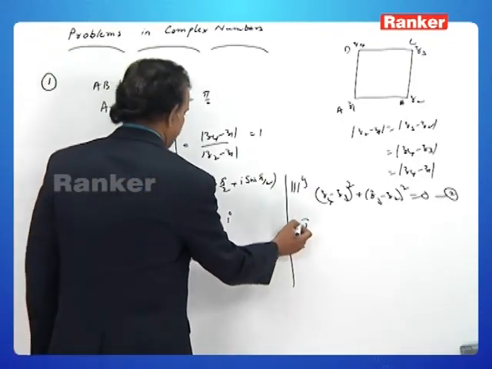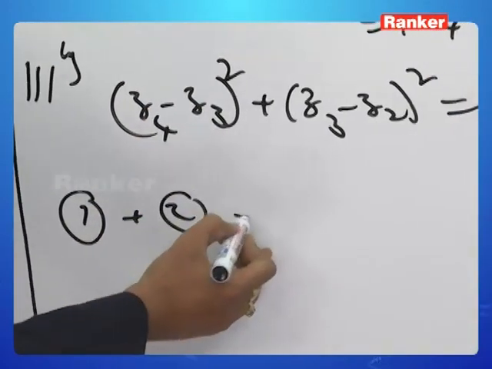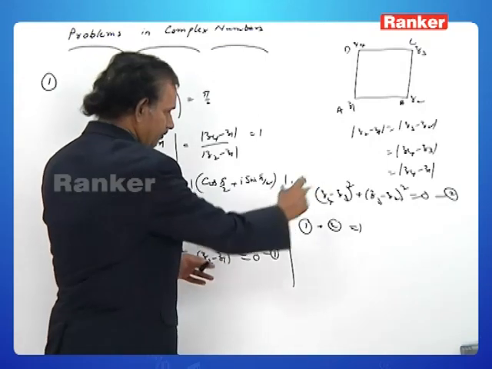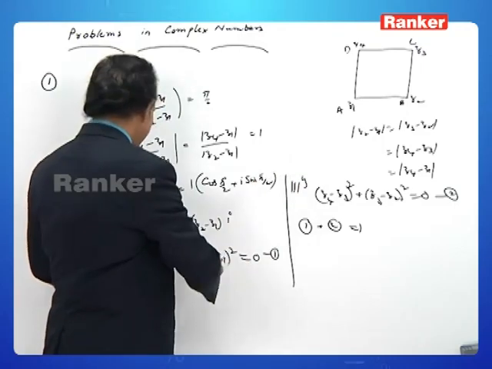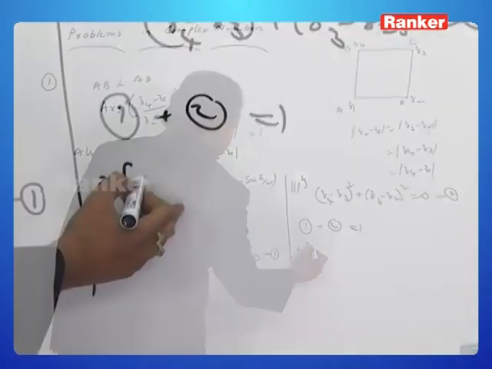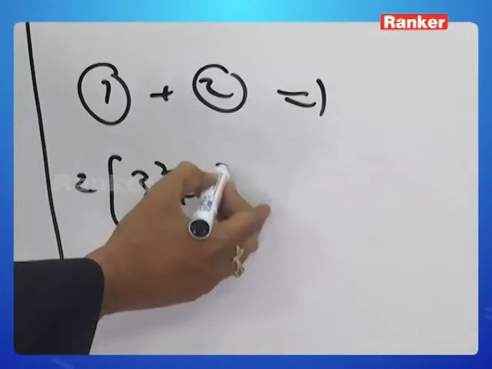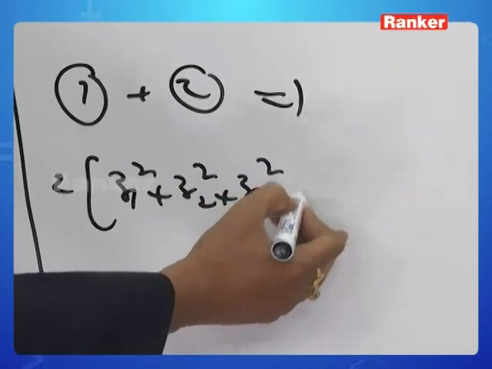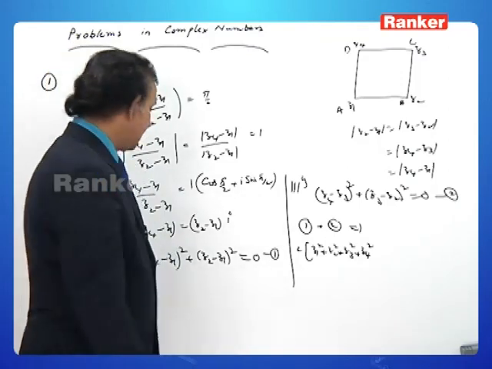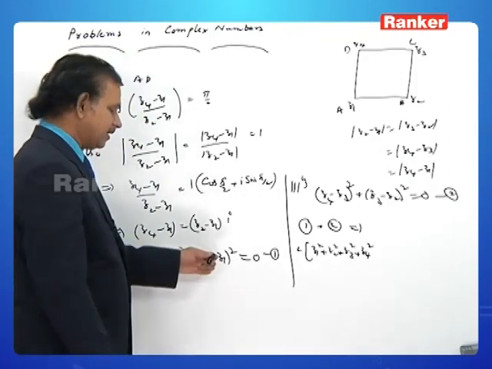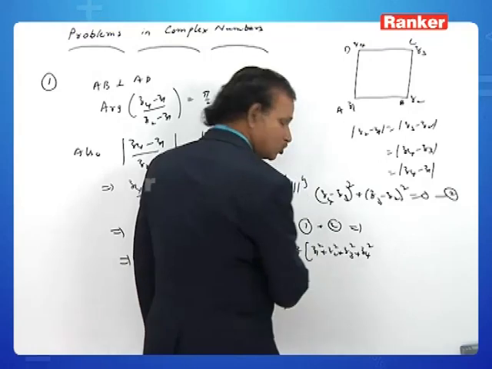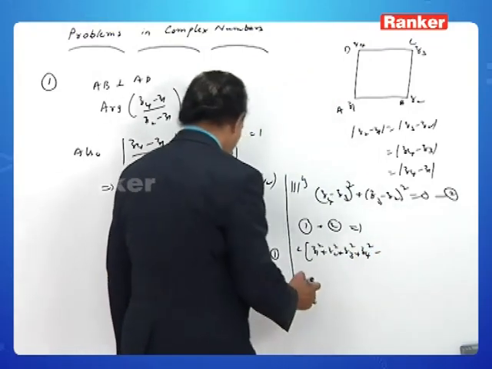What are you going to get? 1 plus 2 implies Z1 square 2 times, Z2 square 2 times, Z3 square 2 times, Z4 square also occurs 2 times, so that we have 2 into (Z1 square plus Z2 square plus Z3 square plus Z4 square), and in each whole square we have the 2ab term: minus 2 Z4 Z1, minus 2 Z2 Z1, minus Z3 Z4, Z2 Z3, all of them we have. So if you take 2 out, minus, what do you have?